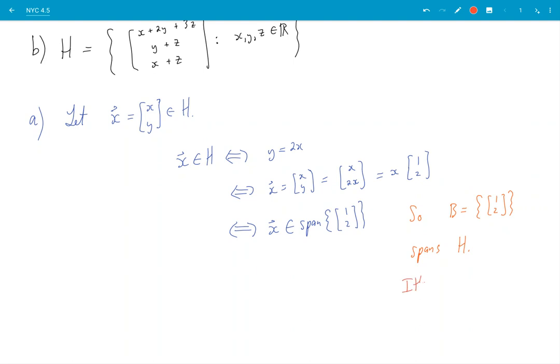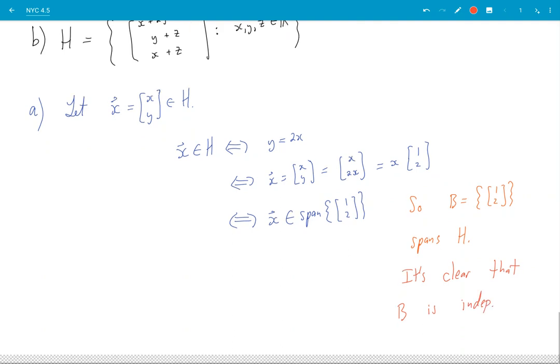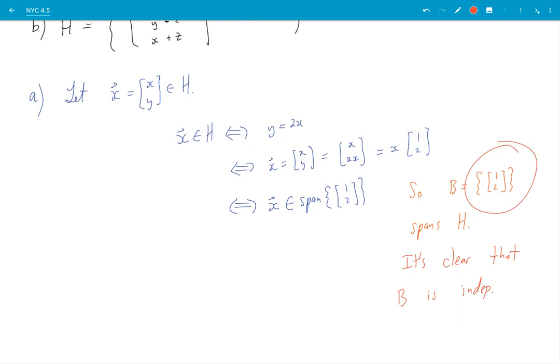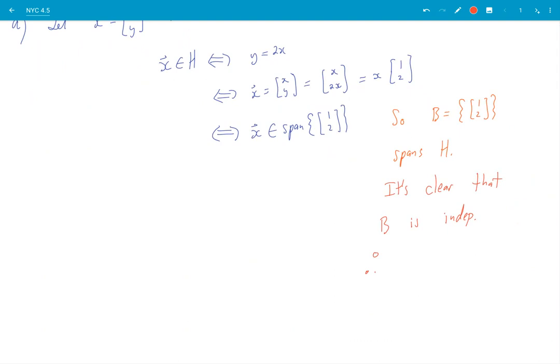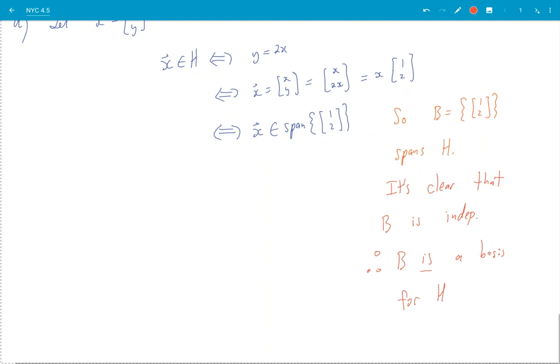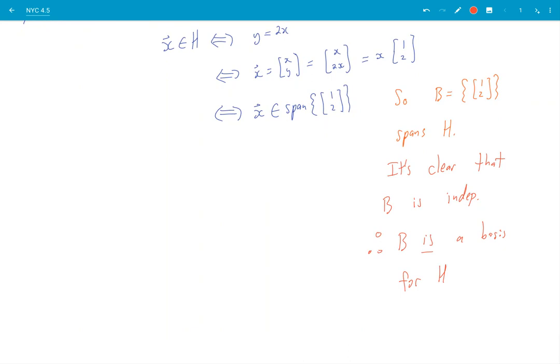It's clear that B is independent. It consists of a single non-zero vector. Therefore, B is a basis for H. And B consists of a single vector, so therefore the dimension of H is 1.